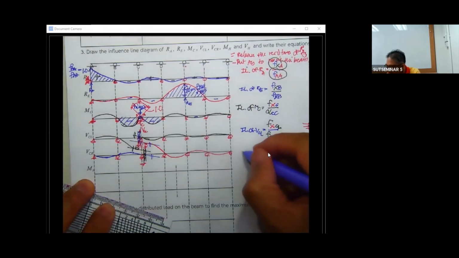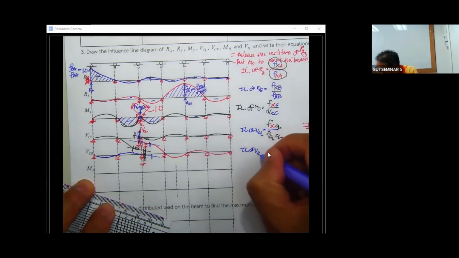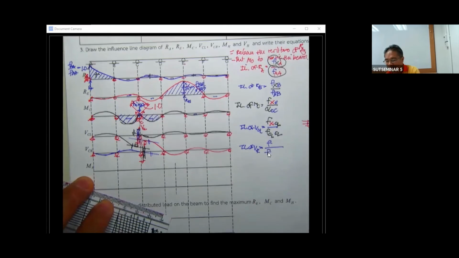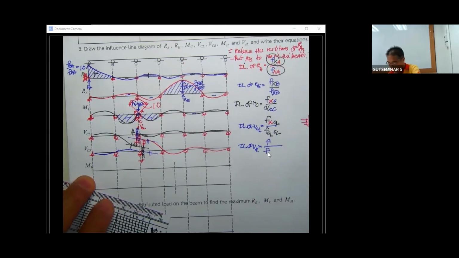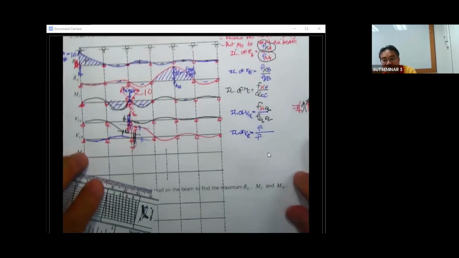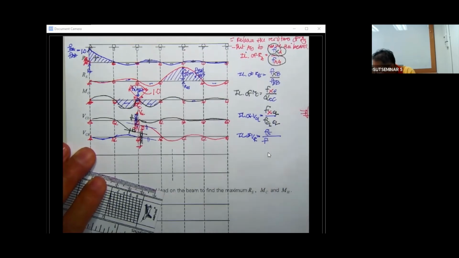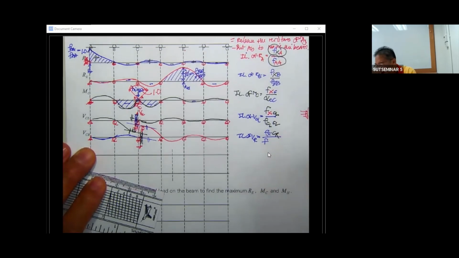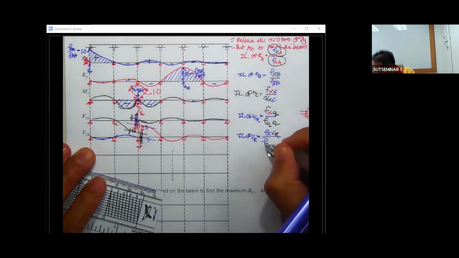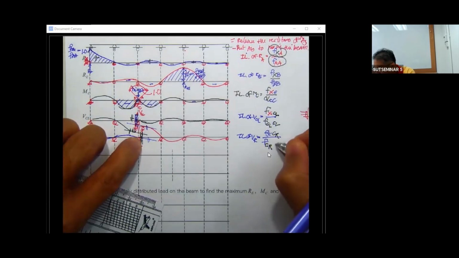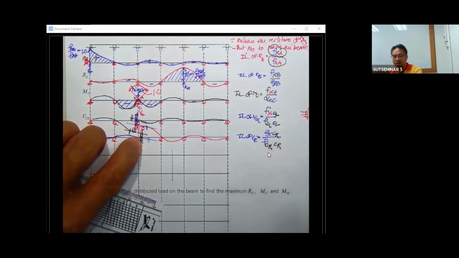And the influence line of V sub CR is going to be the deflection divided by the deflection. What we have here is the deflection at point X due to the shear at point C on the right, divided by the deflection at C on the right due to the shear force at C on the right.